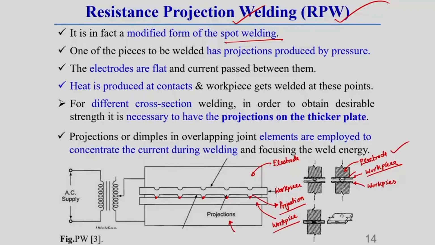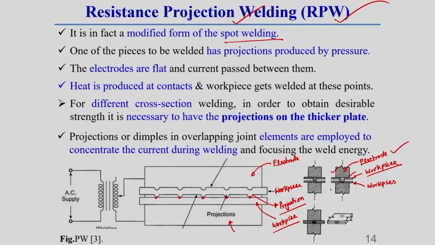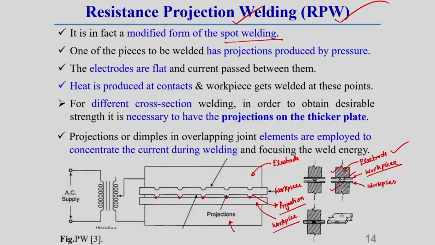Now, during heating, pressure is applied between these two electrodes. Once we apply the pressure, at the projection location some spot type of weld is created.